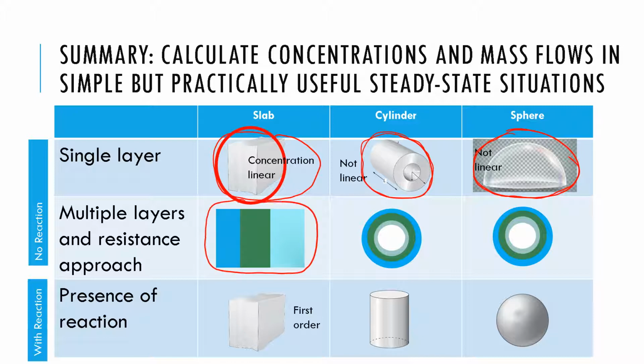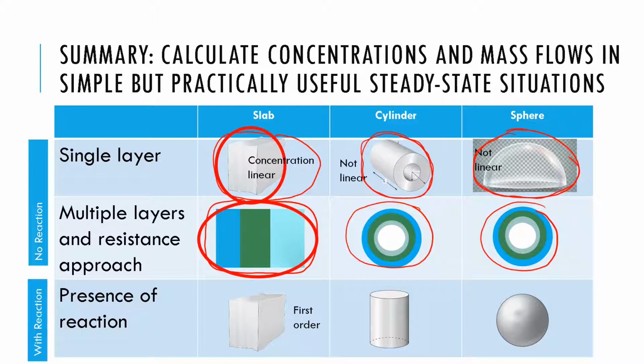So for multiple layers, we did a slab with two other resistances. As for single layers, the multiple layers can also be extended to other geometries by simply using the resistances in those geometries.